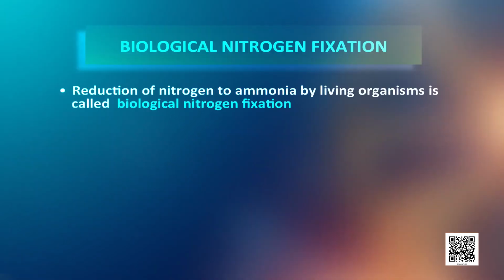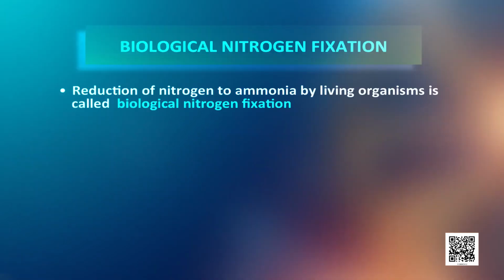Once these plants are consumed by animals, this nitrogen becomes part of animal biomass. And once these plants and animals die, organic nitrogen present in them in the form of proteins, vitamins and nucleic acid is again converted into ammonia. This process is called ammonification. Thus, the nitrogen cycle continues.